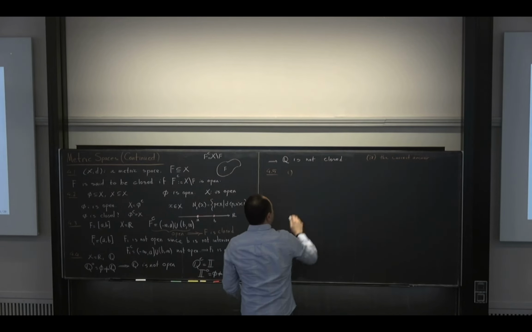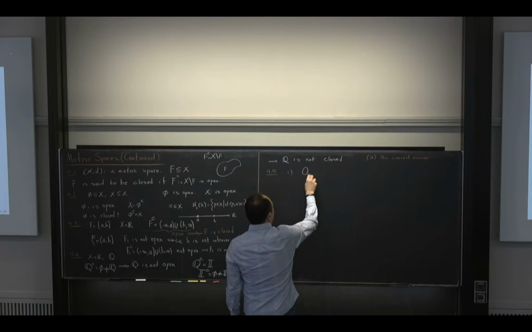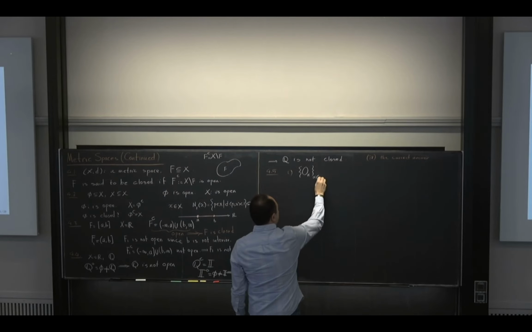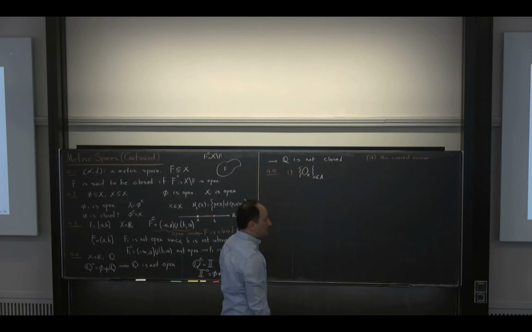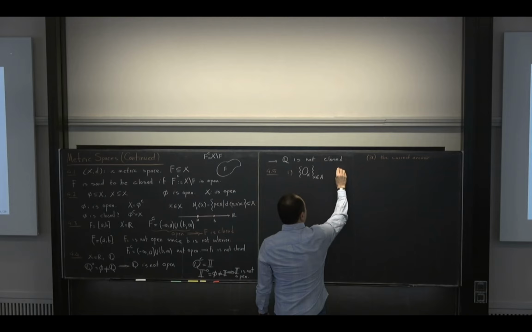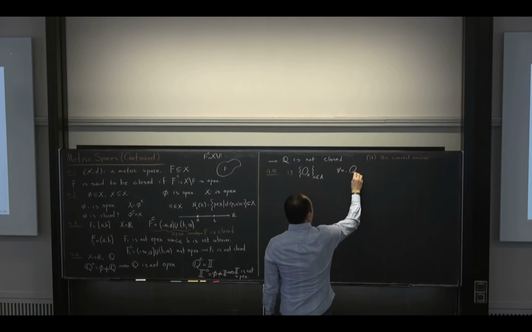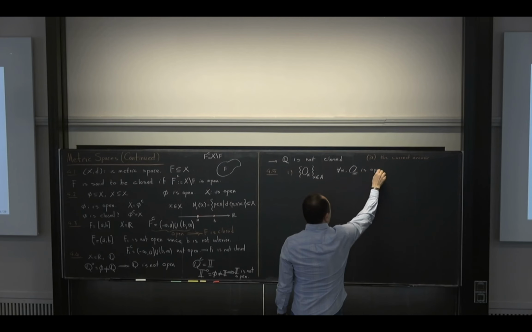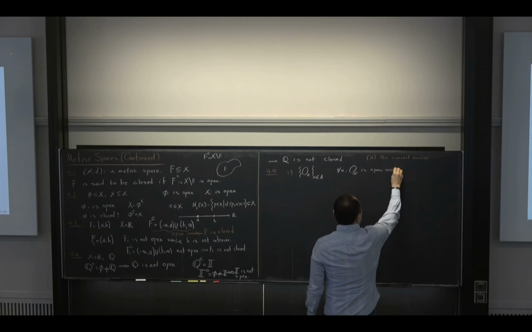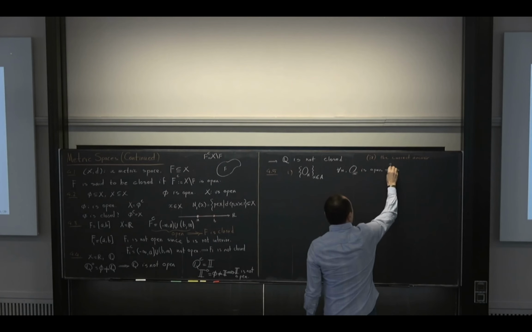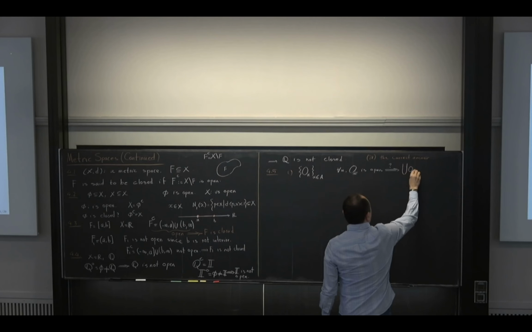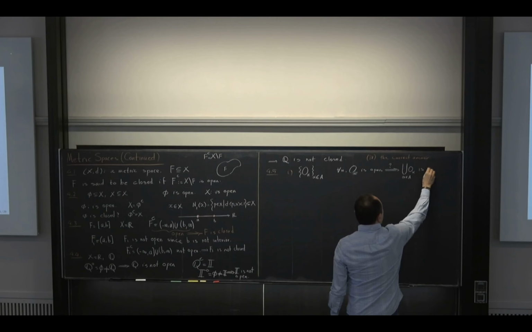I am saying that if I have a collection of open sets, for example, this is an indexed family of open sets. For every alpha, O alpha is open. The claim in part 1 is that if I union all of them, the result is open.